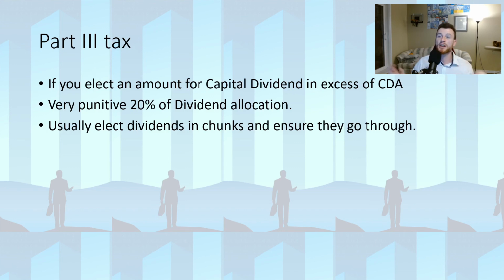So if you have $158,000 worth of CDA that you want to elect and pay out via capital dividends, you would do chunks of 50,000, and then the next day do another chunk of 50,000, and the next day do another chunk of 50,000, which can all be included on the same T2054. You want to make sure you get this planning right. You don't want to give any more money than you need to the CRA.